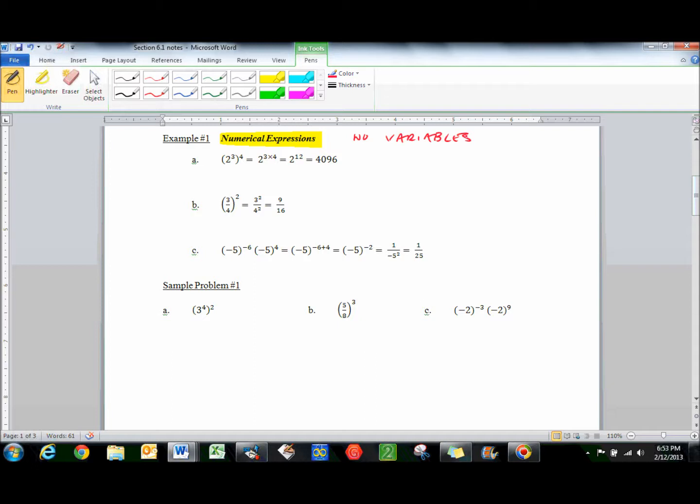So you can see in part A, we're using the product of the power property, where we multiply the two together. In part B, we do the same process over a fraction. Part C, if you notice, this can sometimes be confusing.